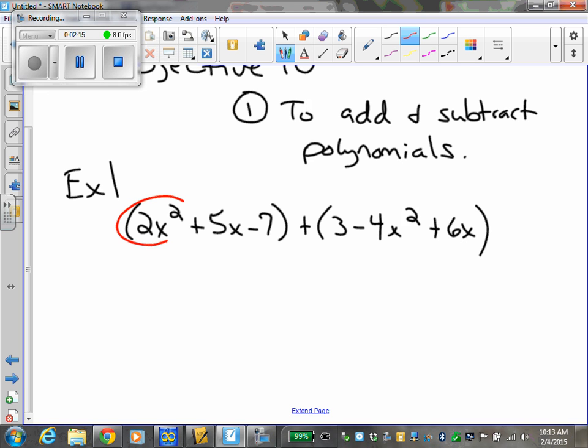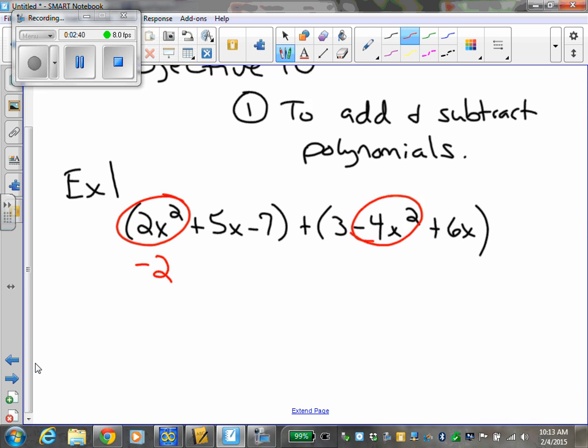For example, the 2x squared is going to match with the negative 4x squared. And so when we add 2x squared and negative 4x squared, add your 2 and your negative 4 and you get negative 2. And is it x to the 4th?